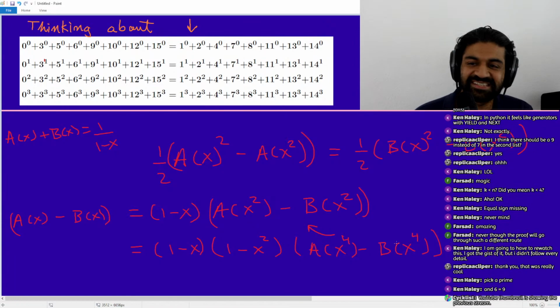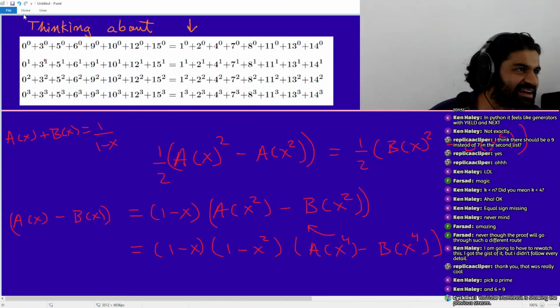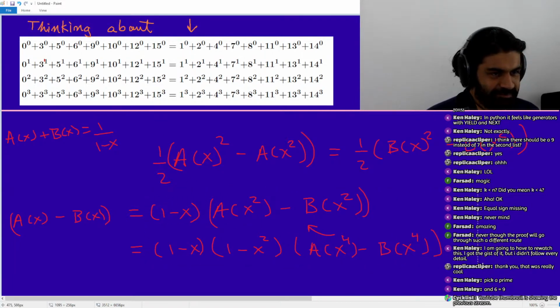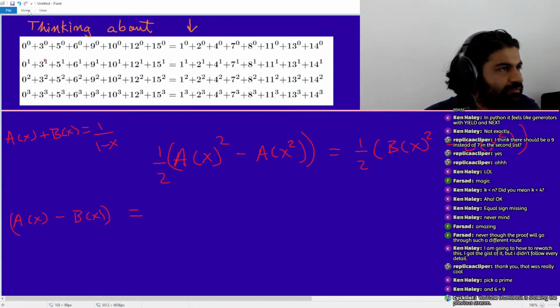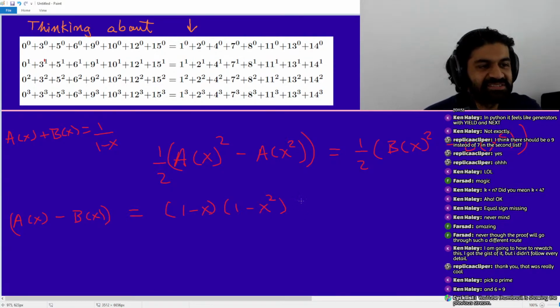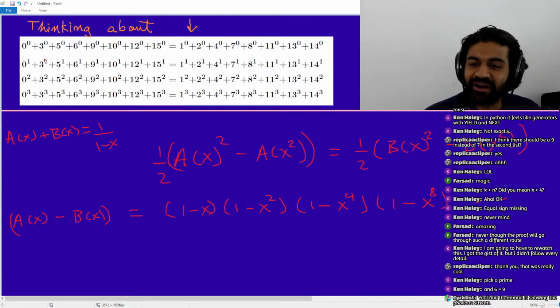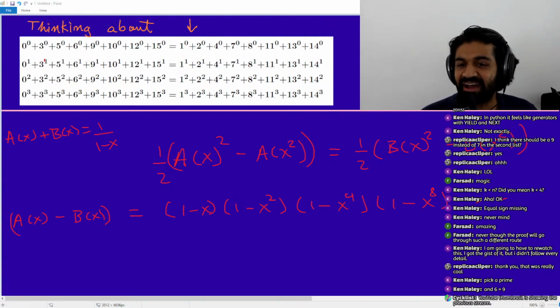But of course, since I was able to do this again, I can do it one more time, and I can just keep going on forever. So essentially, the identity that you get is the following: (1 minus x)(1 minus x squared)(1 minus x to the fourth)(1 minus x to the eighth), going on forever and evermore.